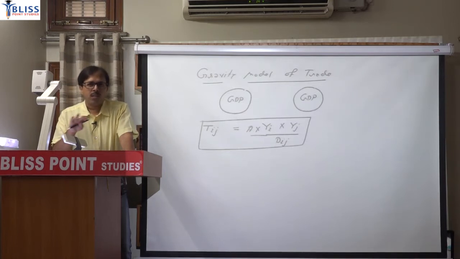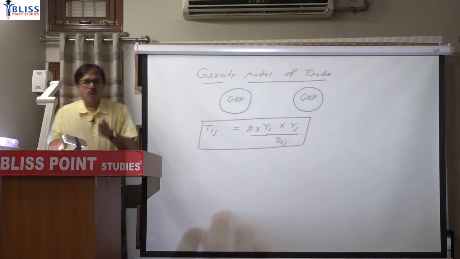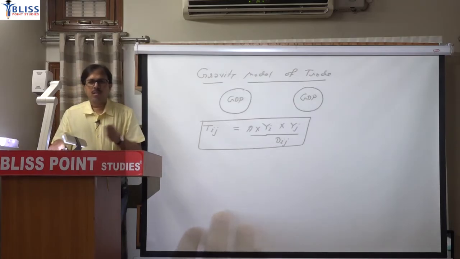The idea is very logical, but it basically fails to explain which product you are exporting, which product you are importing. It simply talks about the overall trade, not specifically one particular product. So size of economy is one important factor and distance is another important factor.